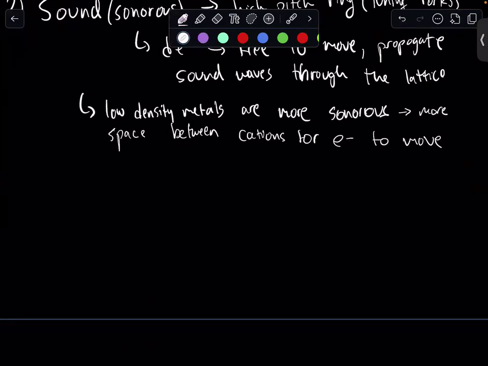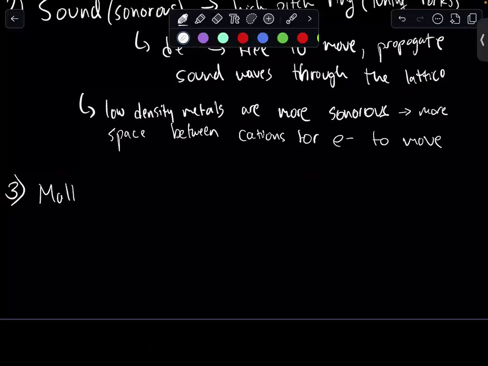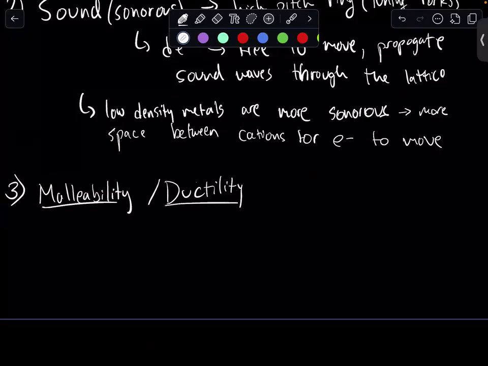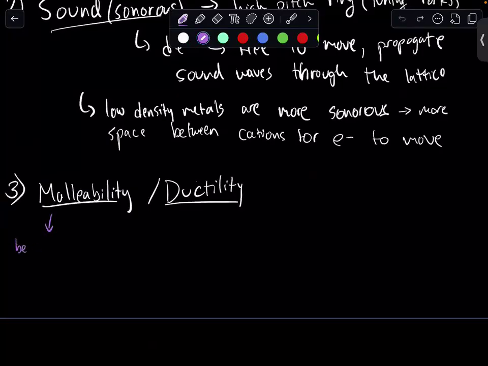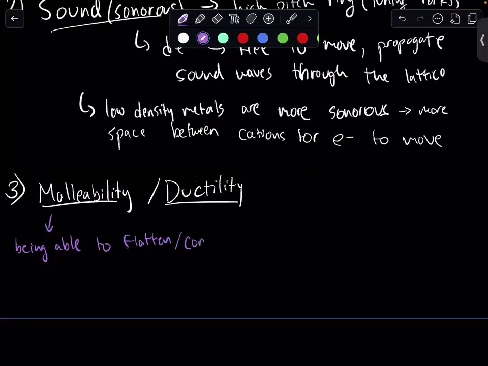All right. Number 3, this is one of the most important industrial uses for metal, and that's malleability. And this is also why I say 5 or 6, because I kind of group these together, malleability and ductility. They're two different properties, but we can talk about them in the same vein. Now, malleability is being able to flatten or compress the metal.